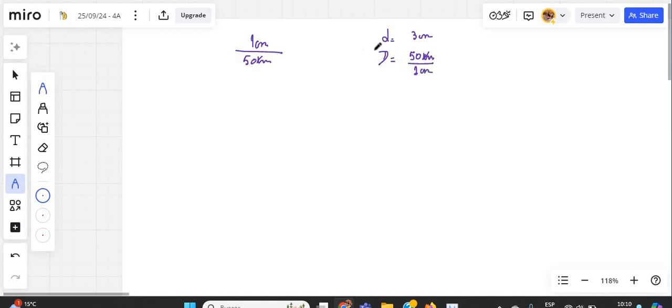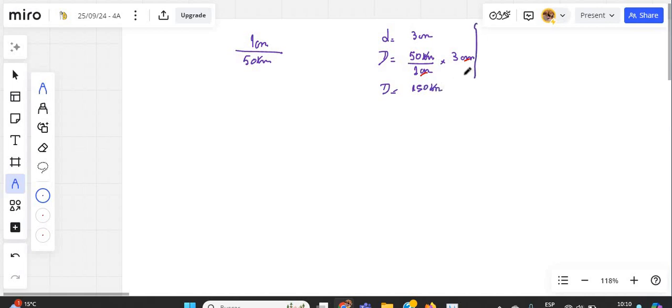Because the real distance is measured in kilometers. When you multiply this value by 3 centimeters, the distance in the map, you can simplify centimeters and you are left just with kilometers. And now the real distance is 150 kilometers.